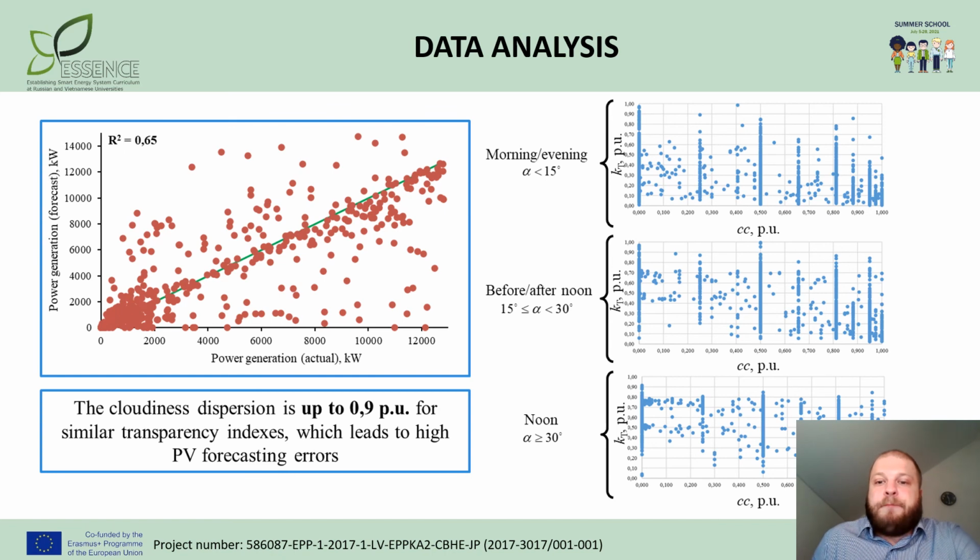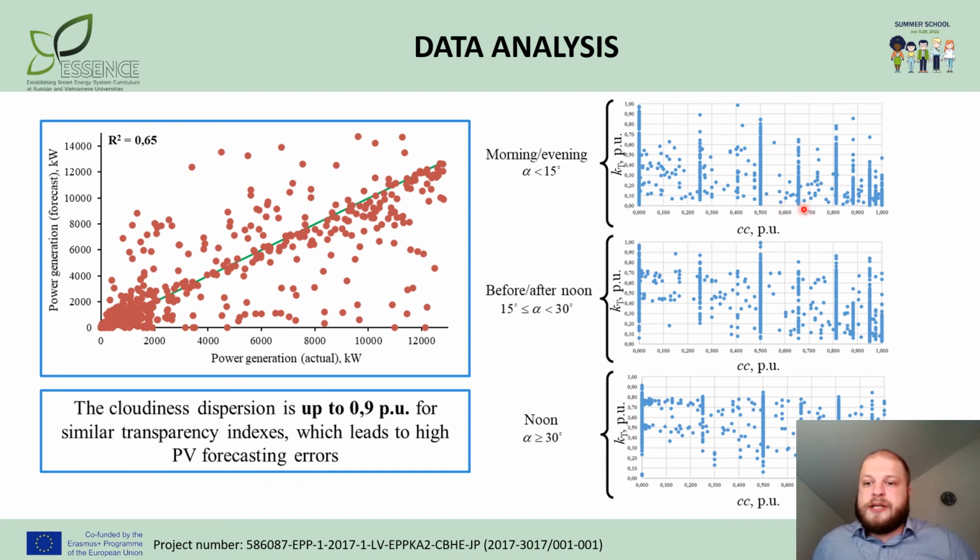On the horizontal axis, you see different values of cloudiness. Well, let's try to analyze these plots and get the general idea of the necessity of making this data analysis. For instance, for zero cloudiness conditions, we have a dispersion of the transparency index ranging from 0 to 1. So it's not more accurate than random guessing.